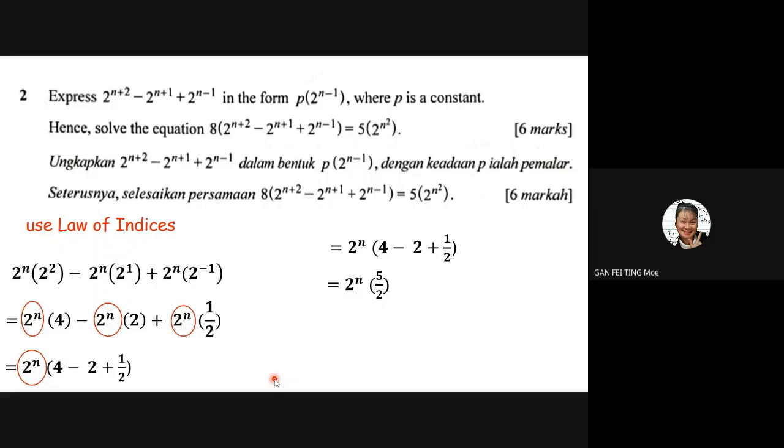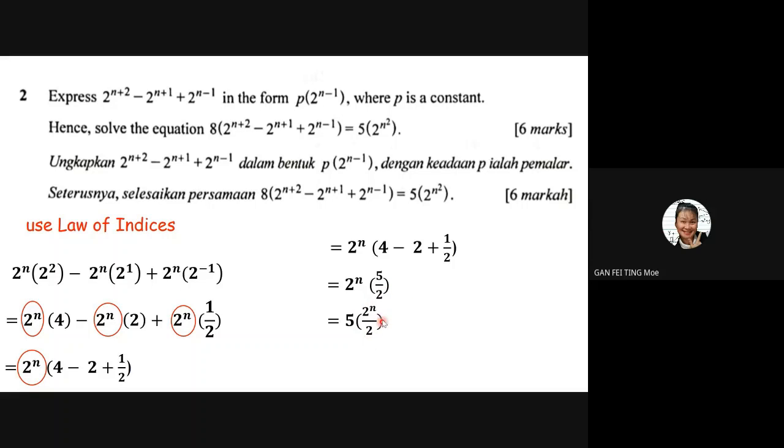So when we are here, you can see 2 to the power of n times 5 over 2. Now you see this base 2 and this base 2. You have two terms in similar base. So what you do, you may group them together so that you can see what happened. From this line to this line is by rearrangement, susun semula.